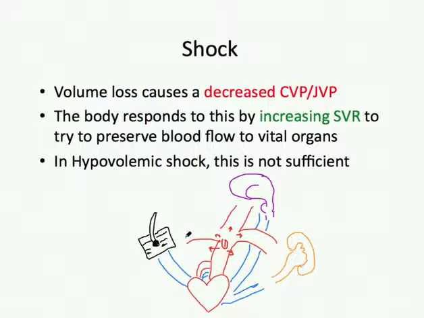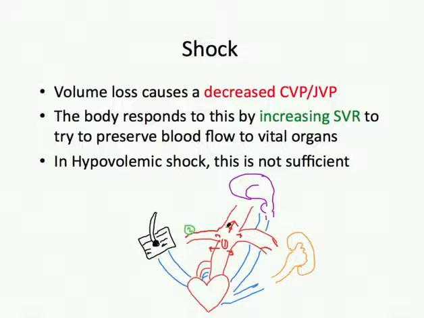We constrict down our blood flow to the periphery and slightly to the kidneys, in order to ensure that most of our blood flow is going to our vital organs, like our brain. And this is a continuous compensatory mechanism that's occurring as we're slowly losing volume.